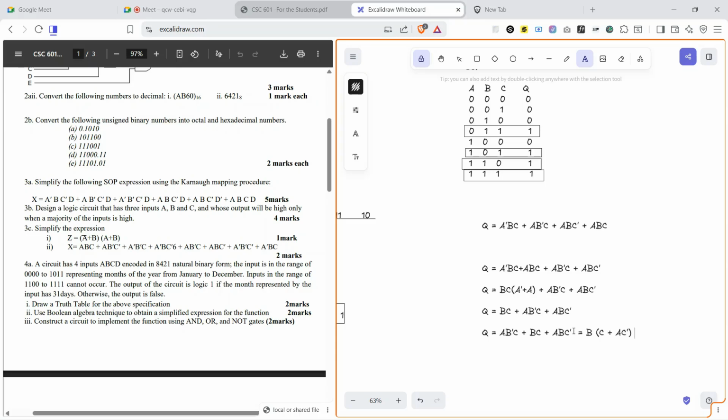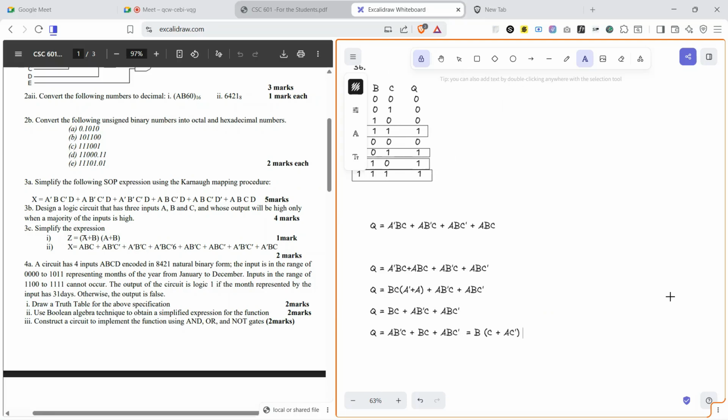And from the normal Boolean expression of A plus A bar B equals A plus B, we are going to use the same rule to represent this. So let me write this as AB bar C plus.